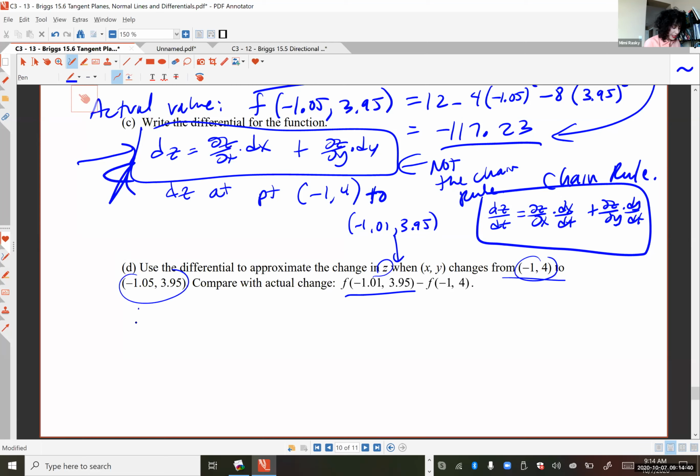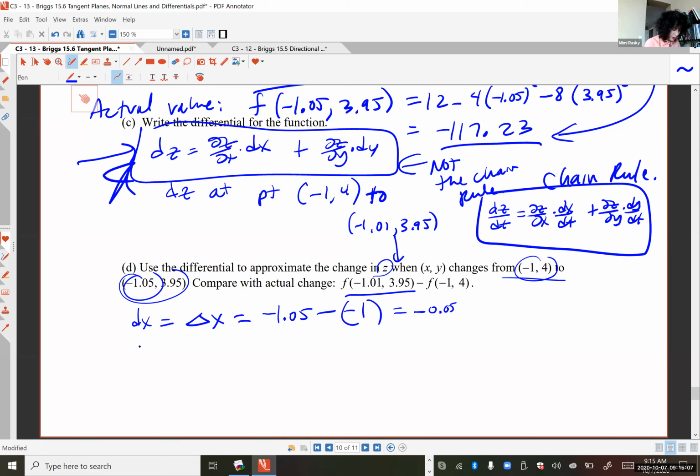So first you have to get your dx, which is essentially the change in x. You have to be careful here because order matters. You take the x coordinate of the ending point and you subtract the x coordinate of the starting point. Okay? And so I hope you notice here you actually are going to get a negative number, and yes, that can happen. So you're going to get a -0.05, I guess, here.